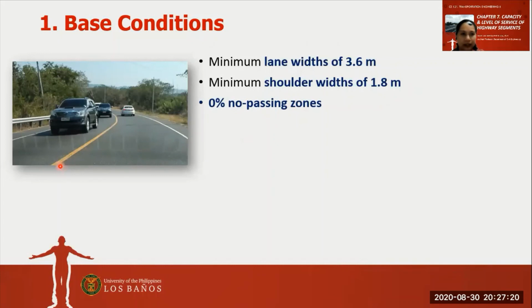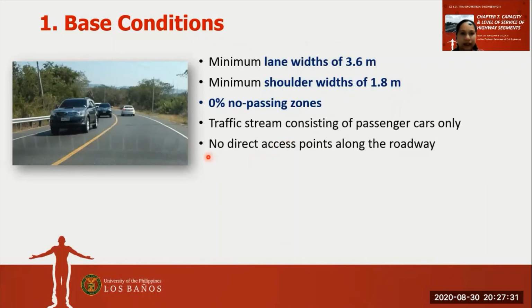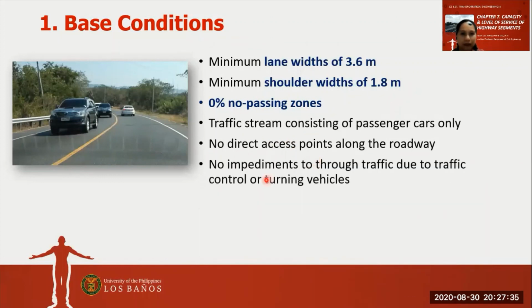It means that passing is allowed or this line is broken. The traffic stream consists of passenger cars only, and there are no direct access points along the roadway. There are no impediments to through traffic due to traffic control or turning vehicles.